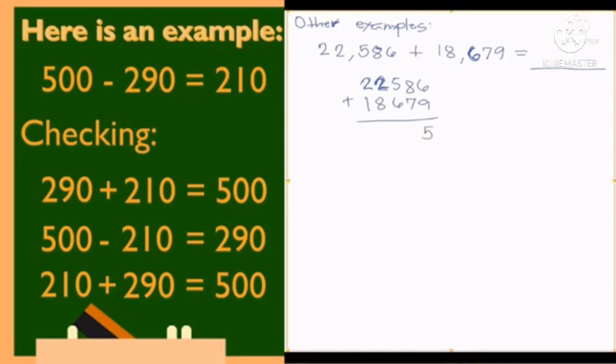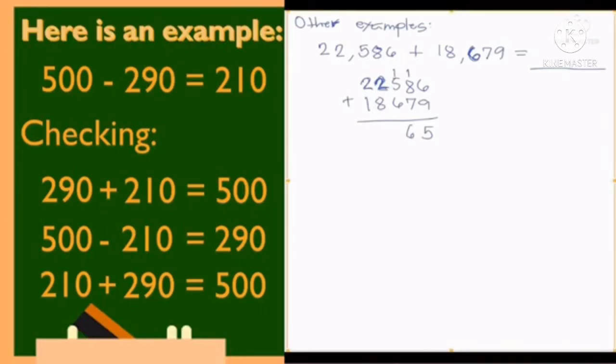Very good. 5 on the lower part and 1 on top of the next number, which is on top of 8. Correct? And then, what is 1 plus 8? 1 plus 8 is 9. 9 plus 7? 16. Good job. So 6 on the lower part and 1 on the upper part.